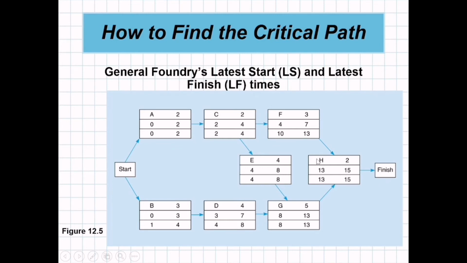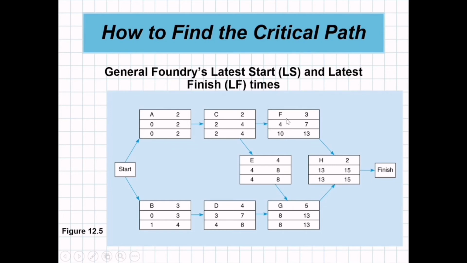And then next, our latest start will become our latest finish for activity F. So 13 minus 3 is 10. Now, our latest start will become our latest finish for the predecessor activity.